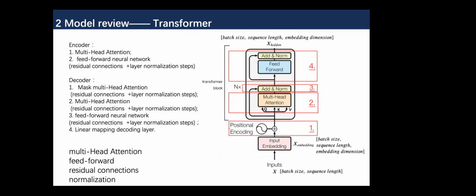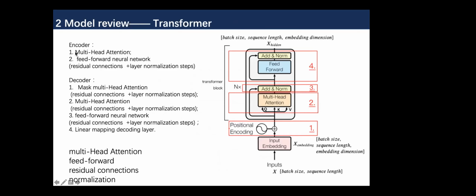The next step is the model review, because this whole paper is just to analyze transformers. So we will go through transformers. A transformer contains two big parts, an encoder and a decoder.